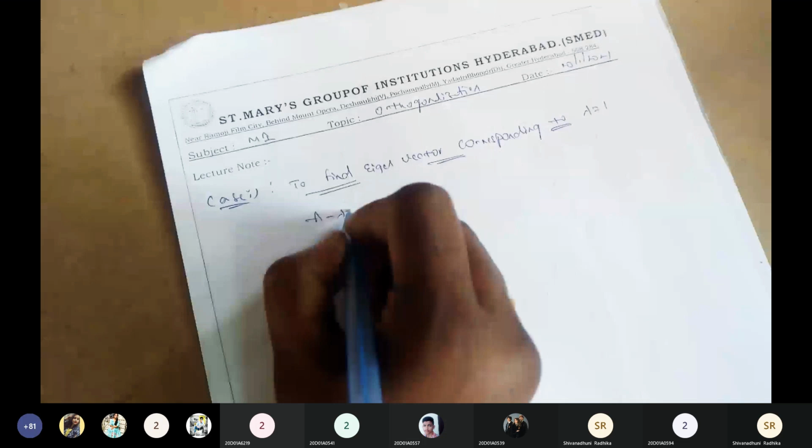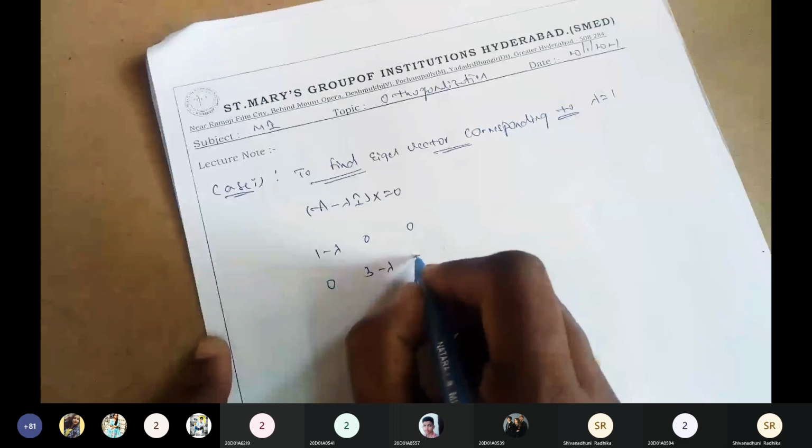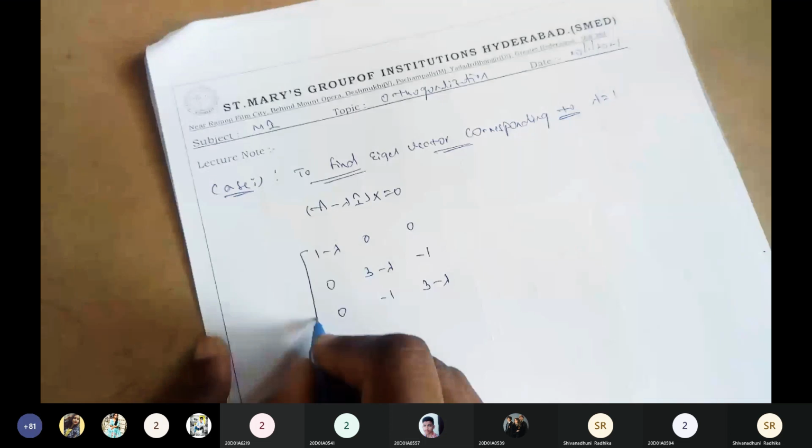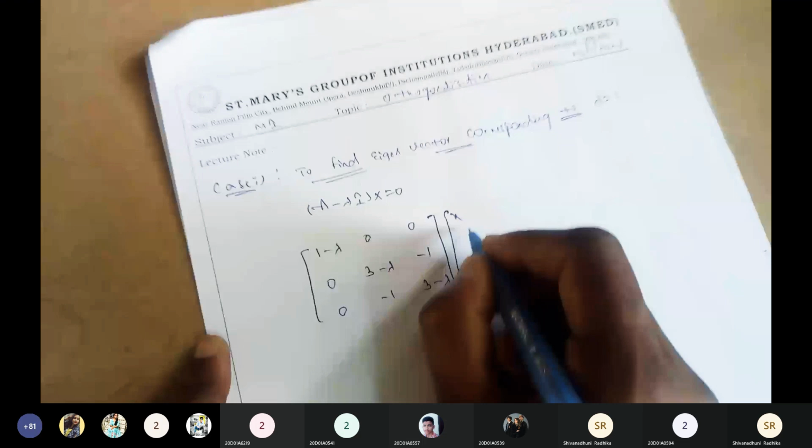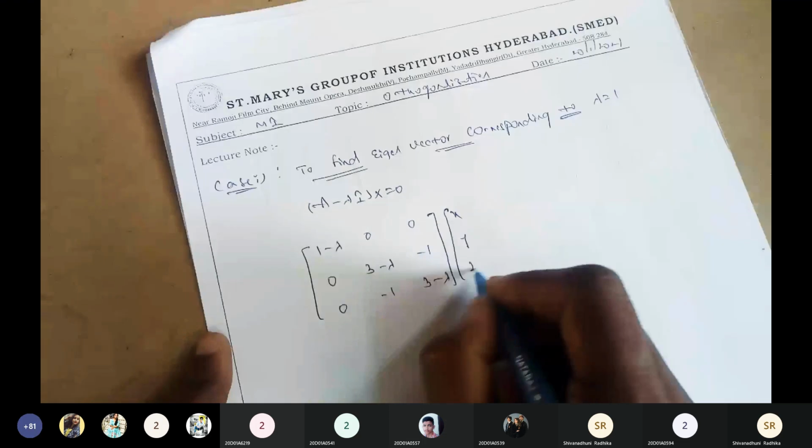Write the matrix notation here: 1 minus lambda, 0, 0; 0, 3 minus lambda, minus 1; 0, minus 1, 3 minus lambda; into (x, y, z) equals zeros. Is it clear, all of you?